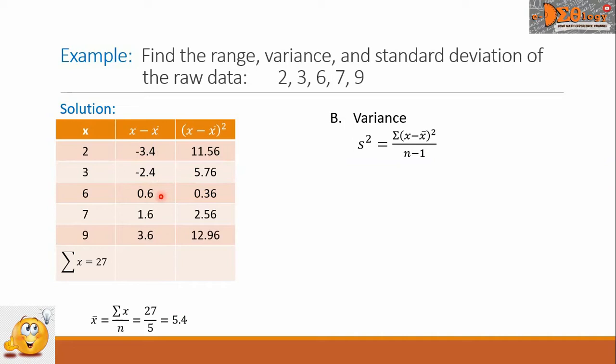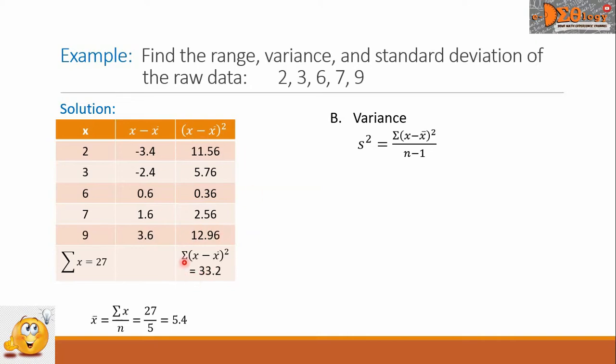Square of 0.6 is 0.36. 1.6 square is 2.56. 3.6 square is 12.96.